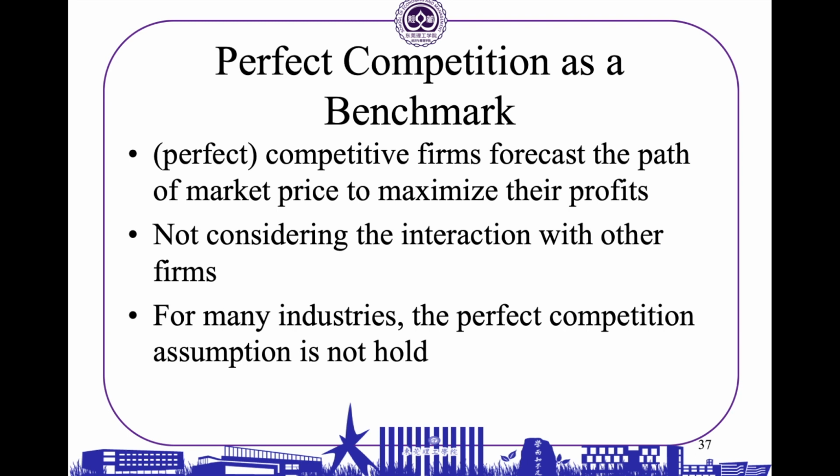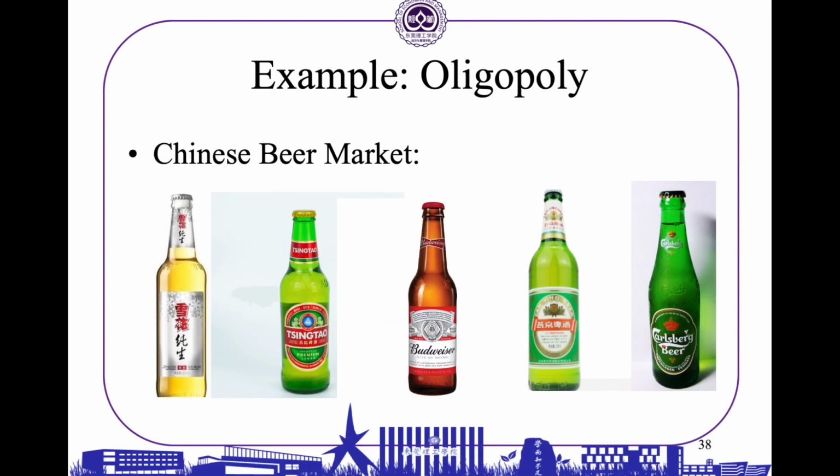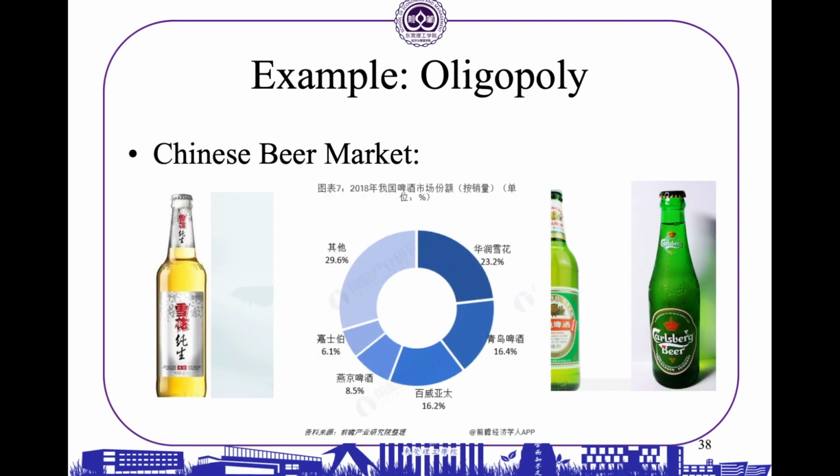However, in many strategic situations, there are only a few players. For example, 5 producers account for over 70% of sales in the Chinese beer market. They are Snow, Qingdao, Budweiser, Yanjing, and Carlsberg.